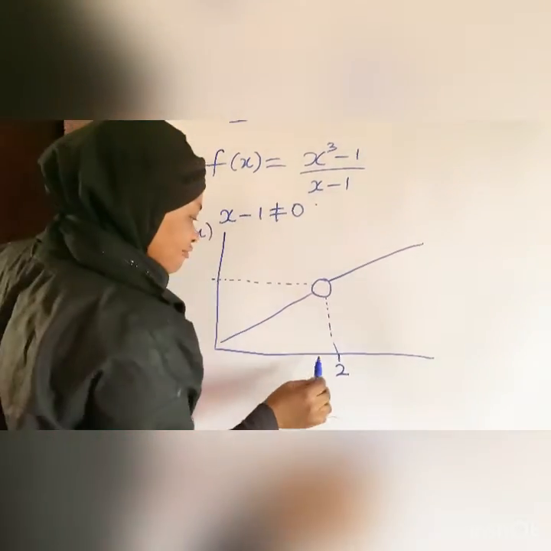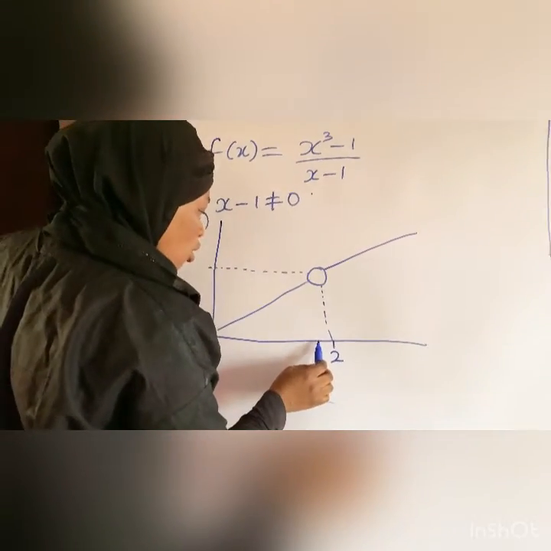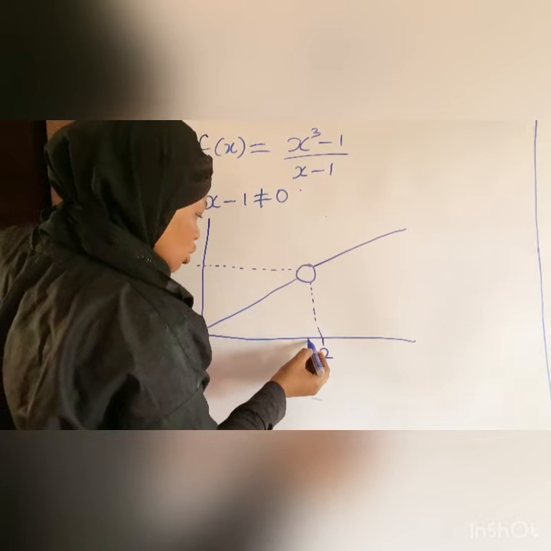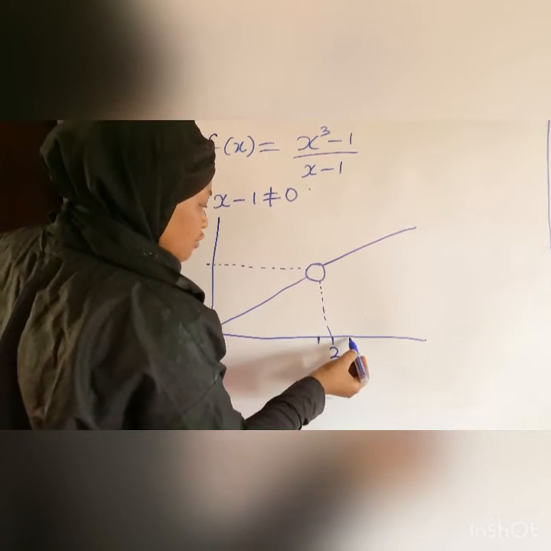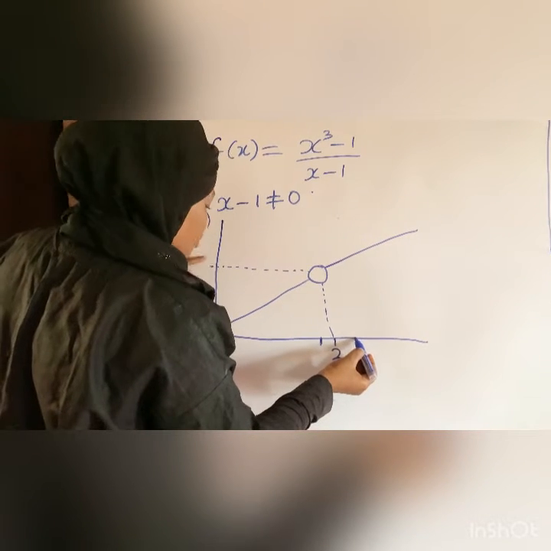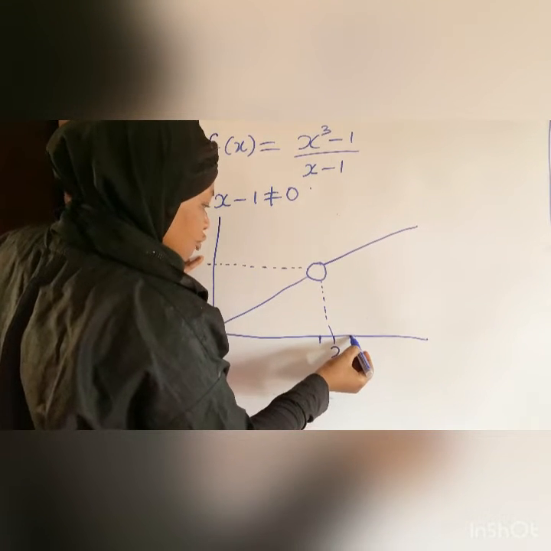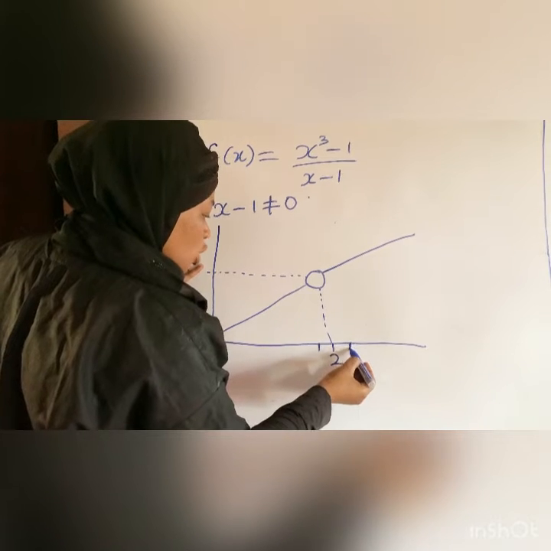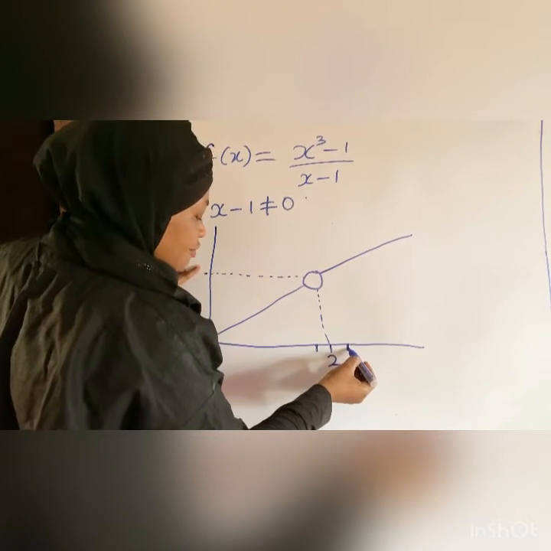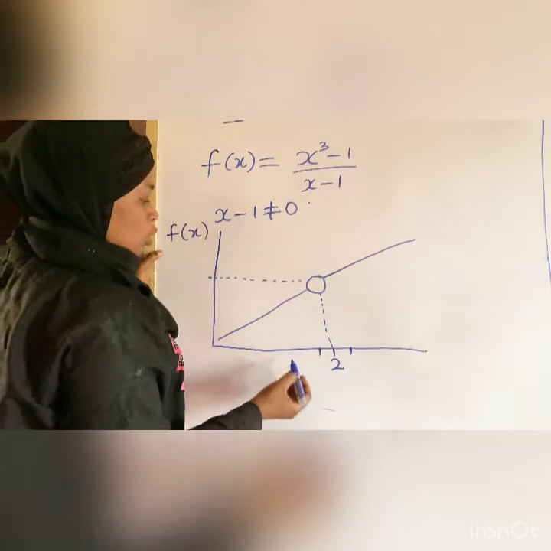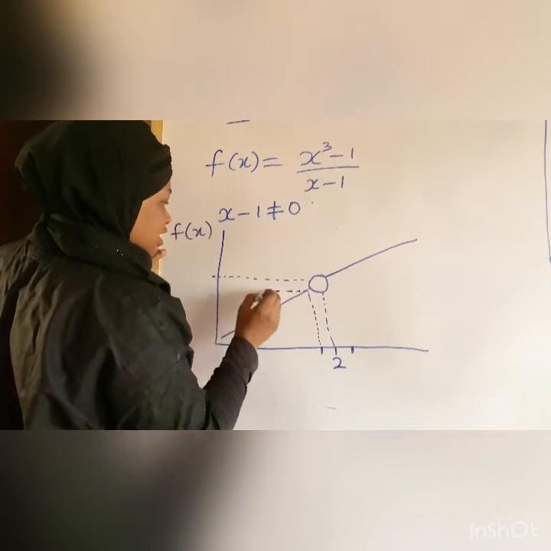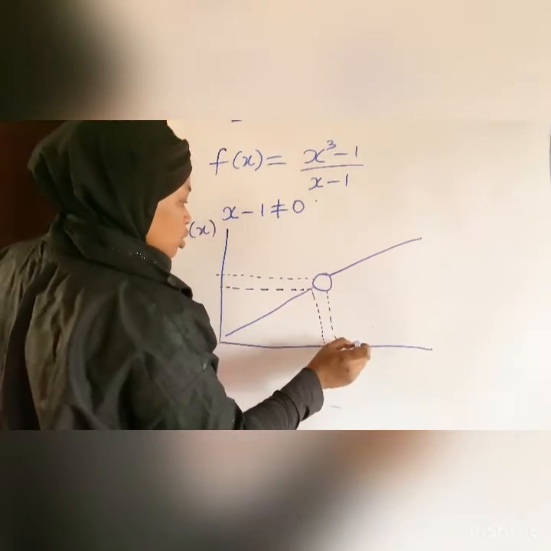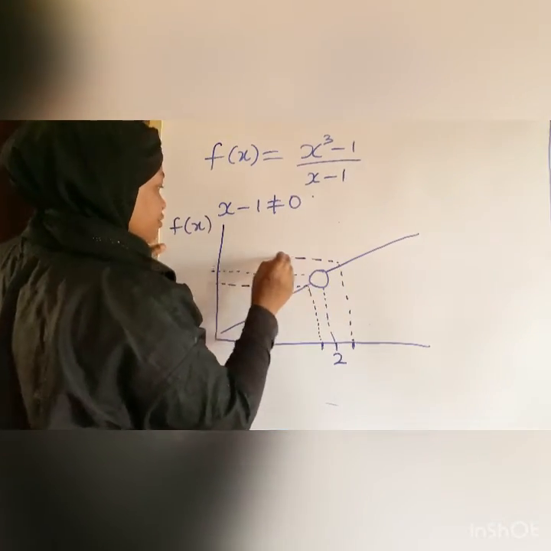But we can find the values of any number that is very close to 2 from the left. And we can also find the value of f of x for a number that's very close to 2 from the right. So this side will be defined, and this one will also be defined.